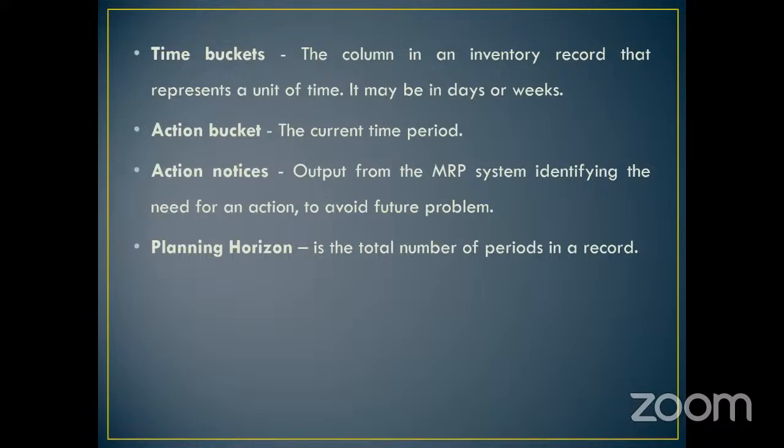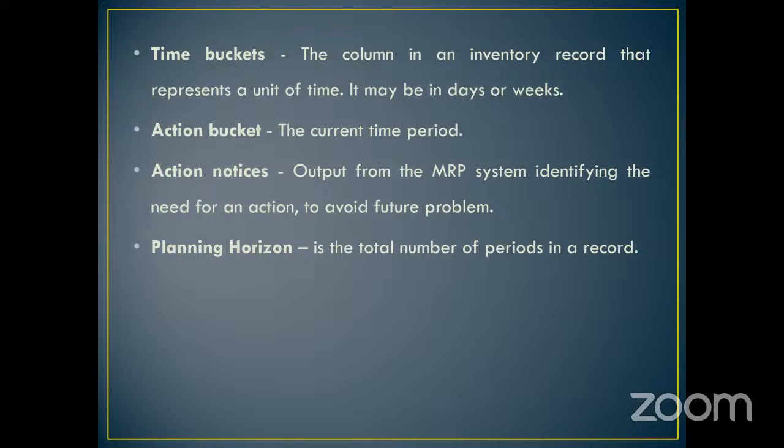This step 4 also consists of time bucketing. Time bucketing means a column in an activity is recorded and represents a unit of time. It may be in days or it may be weeks. Then comes the action bucket, the current time period to be treated as the action bucket.